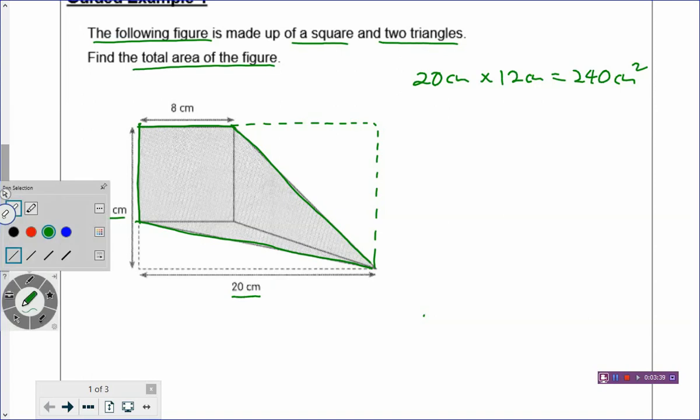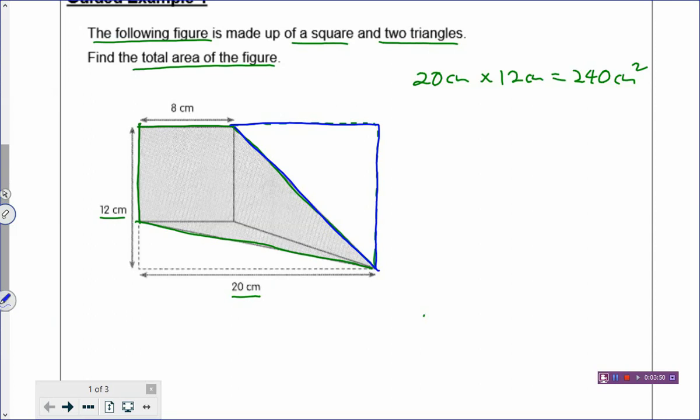Alright, now you can see some right angle triangles which are not part of the diagram. So can you find the area of this right angle triangle? So how to find it? Okay, you have to look for unknown sides. So 20 minus 8, this is 12 cm.